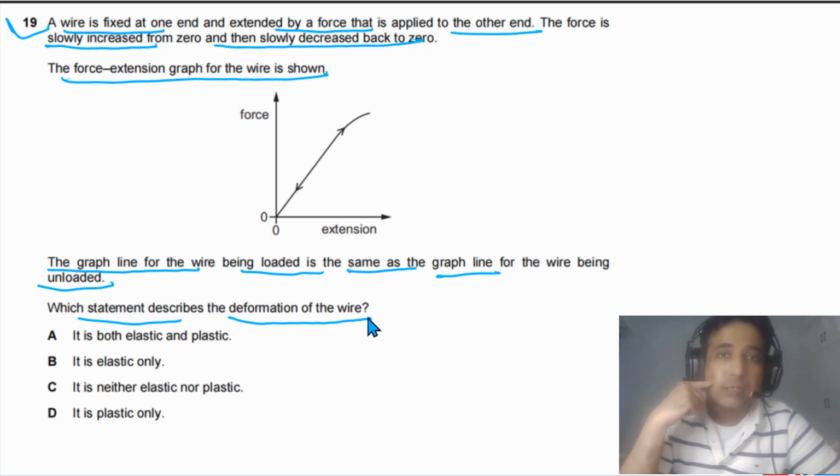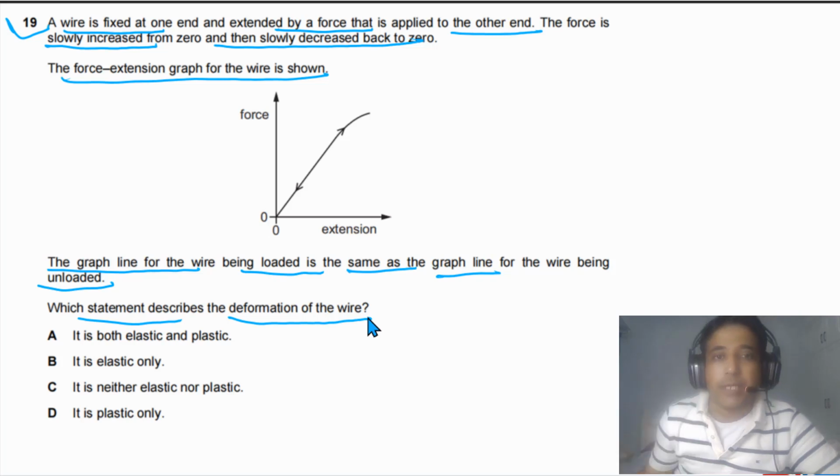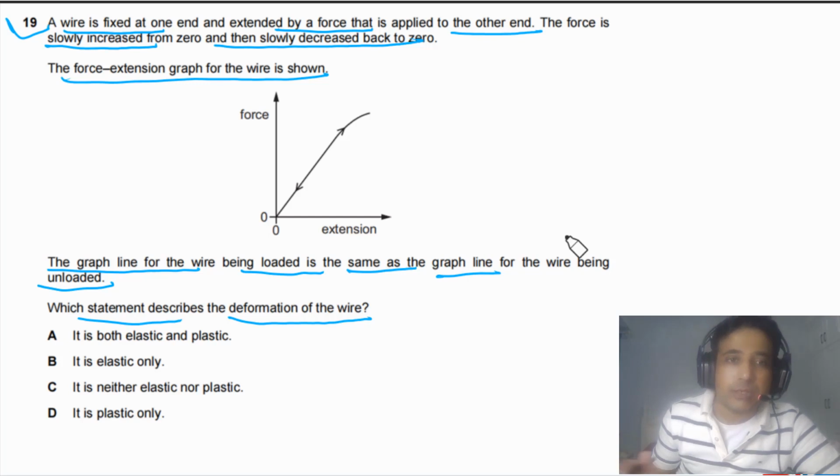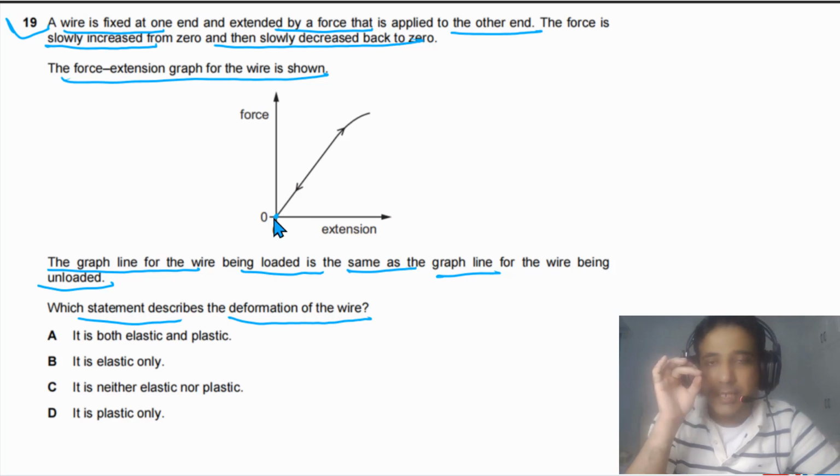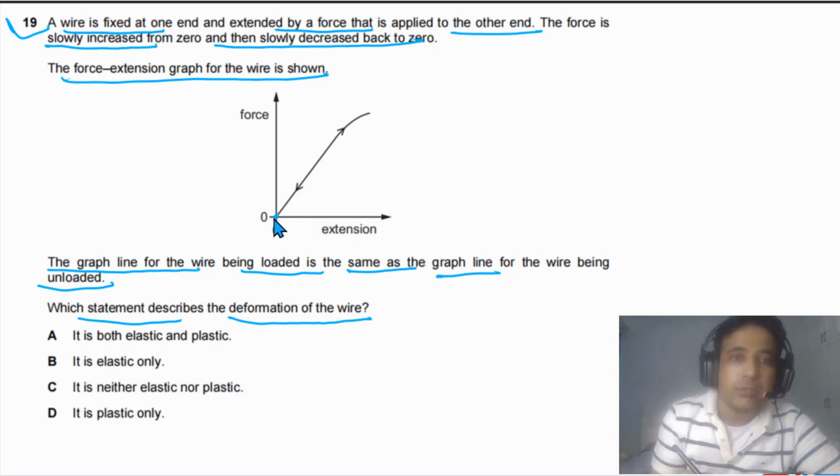Same is happening in this case with the wire, because you can see the final extension after unloading is equal to 0. So it simply means that this is elastic deformation.